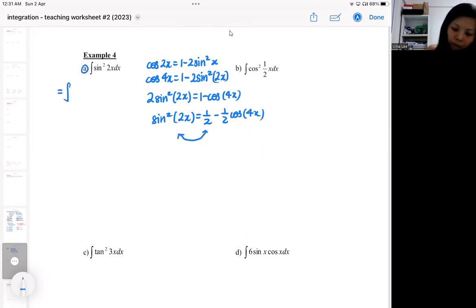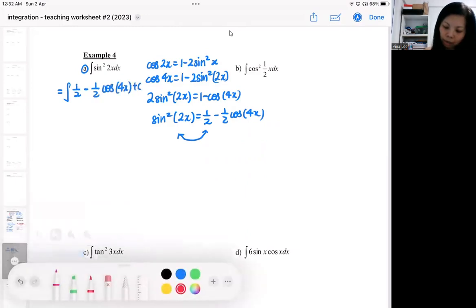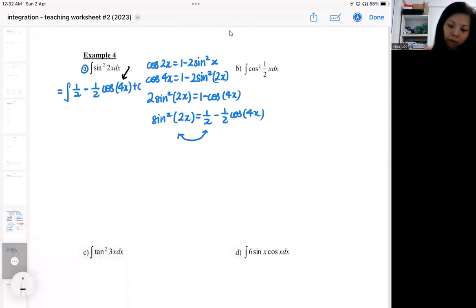So I will be integrating half minus half cosine 4x. So I go back to the second block of formula. But in this case, my A is 4. So that will be my second block of formula.